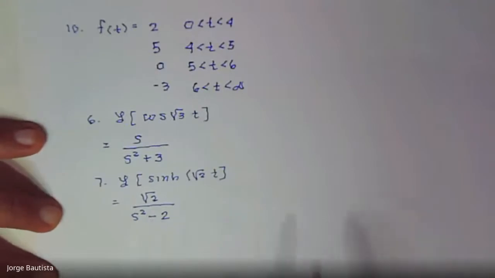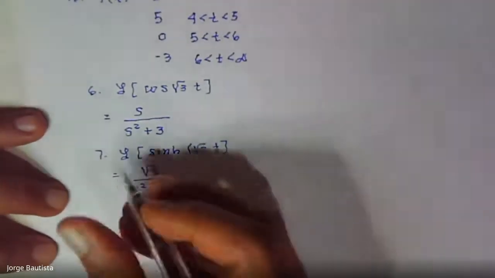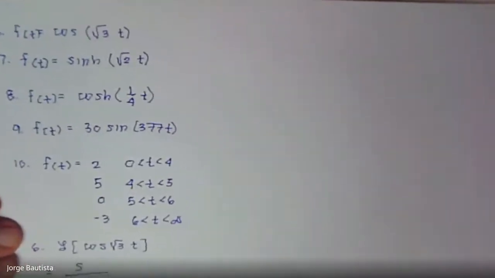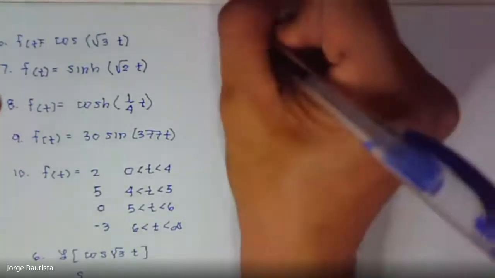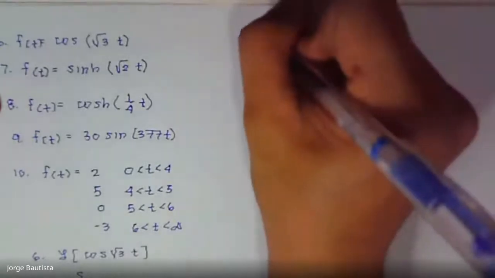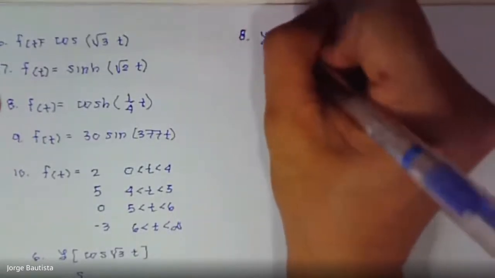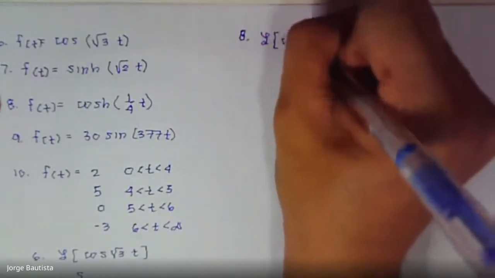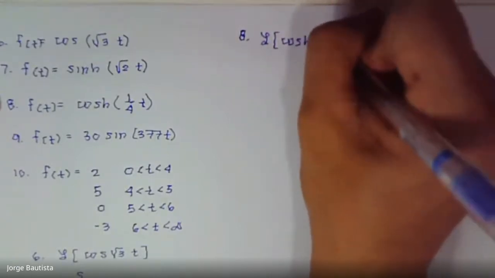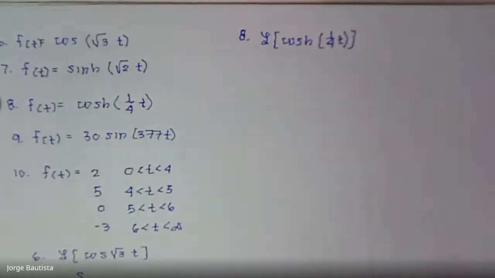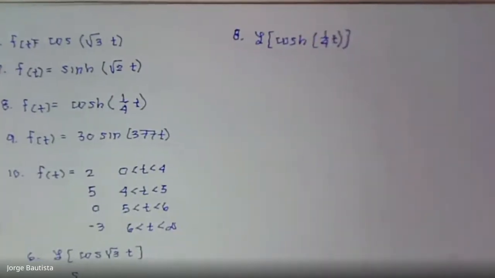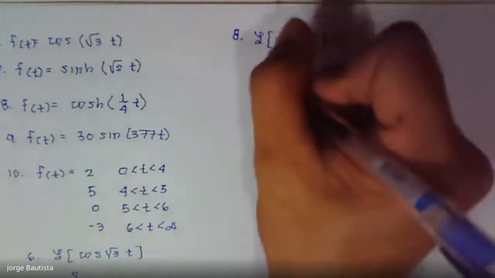Okay, next. Dito na lang. Number 8. Ayan dito. Okay, so number 8. Ito ay number 8 natin. So, Laplace ng hyperbolic cosine of 1/4 t. Okay, so kung may hindi kayo naintindihan, mayroon namang chat box dyan. So, makikita ko naman. Okay?